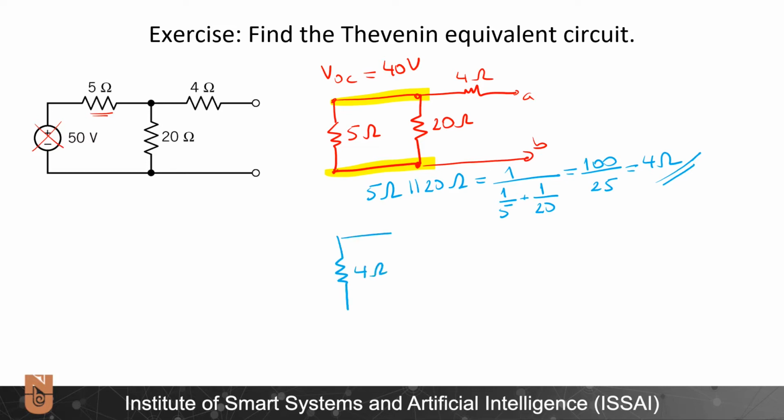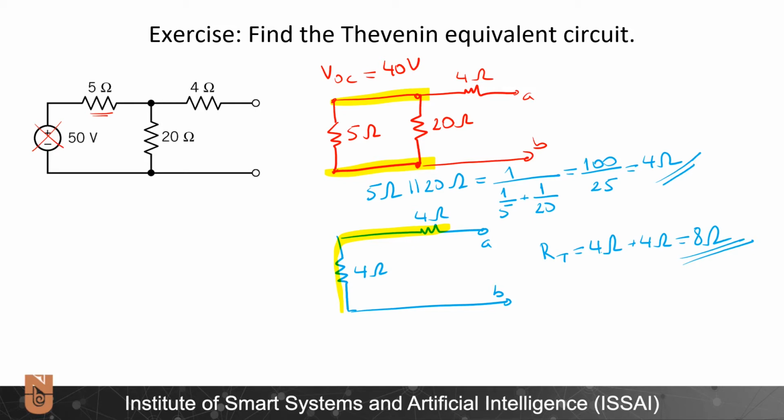4 ohm resistor, another 4 ohm resistor, and the output ports A and B, through which I want to find the equivalent resistance. Now I observe that these two resistors are in series with each other, and therefore I can simply write the equivalent Thevenin resistance is equal to 4 ohms plus 4 ohms and equal to 8 ohms.